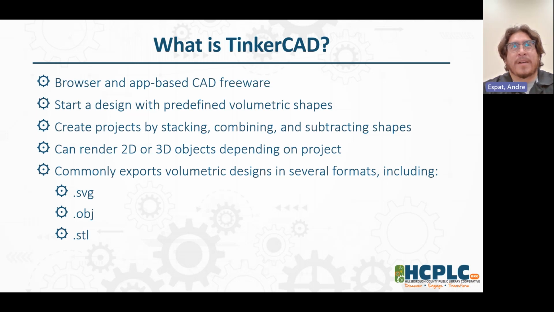Kind of useful for laser cutting, or if you guys have seen them before, a Cricut or a Silhouette cutter. They cut out paper based off of a flat design. Comparatively, .objs and .stls are more useful for actual 3D objects, and they're more typically seen in 3D printers. You would upload a .obj or .stl, and it would just print from there after creating the G code for printing.